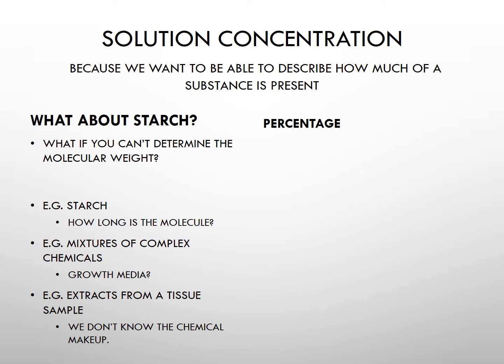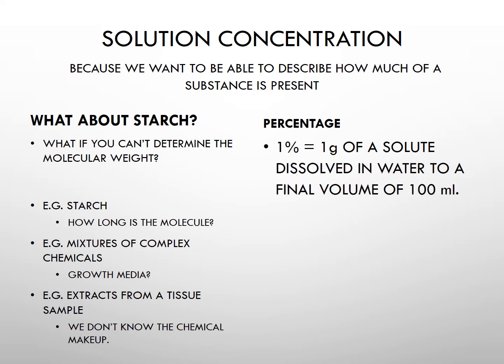So in these cases where we don't know the molecular weight, we can simply use the percentage of a solution, meaning a 1% solution represents 1 gram of a solute, some complex unknown molecular weight solute, dissolved in water to a final volume of 100 milliliters. And the basic assumption is that water has a volume of 1 gram per milliliter.